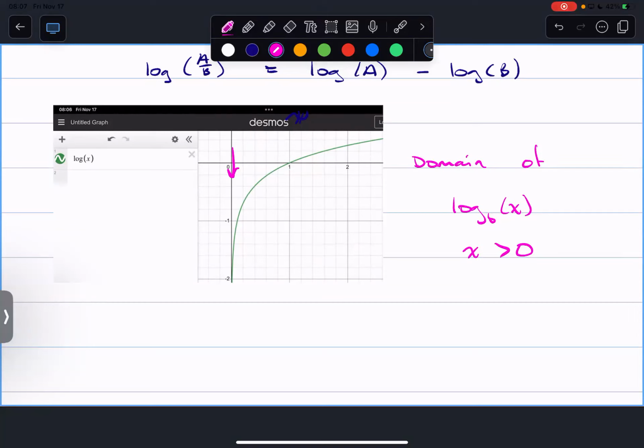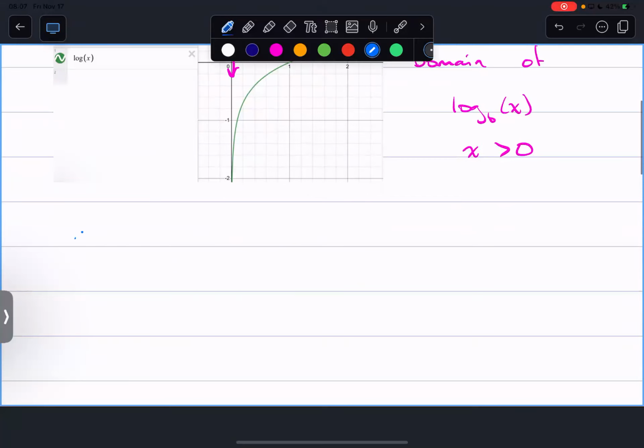In words, what that means is that you can't take the log of 0 or a negative number. Therefore, we can't take the log, and I mean any log base, so I'll just write log base b, of 0 nor a negative number.